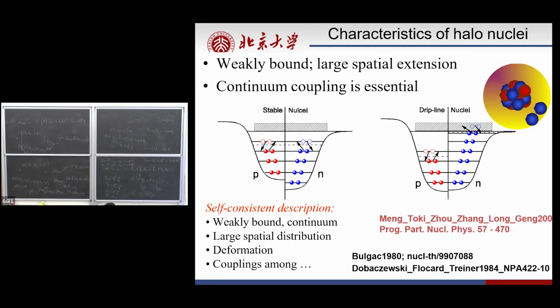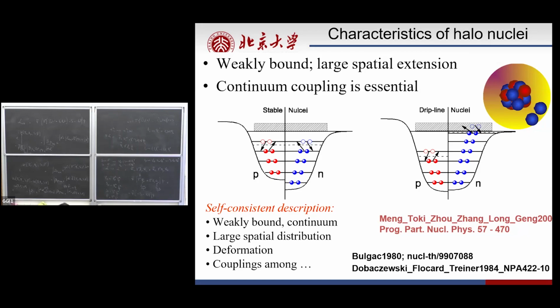But if we are approaching the drip line, for example, the neutron drip line, that means the nuclei are so close to the threshold, and then they could have virtual scattering between the bound state and the continuum. So this should be taken into account, right?